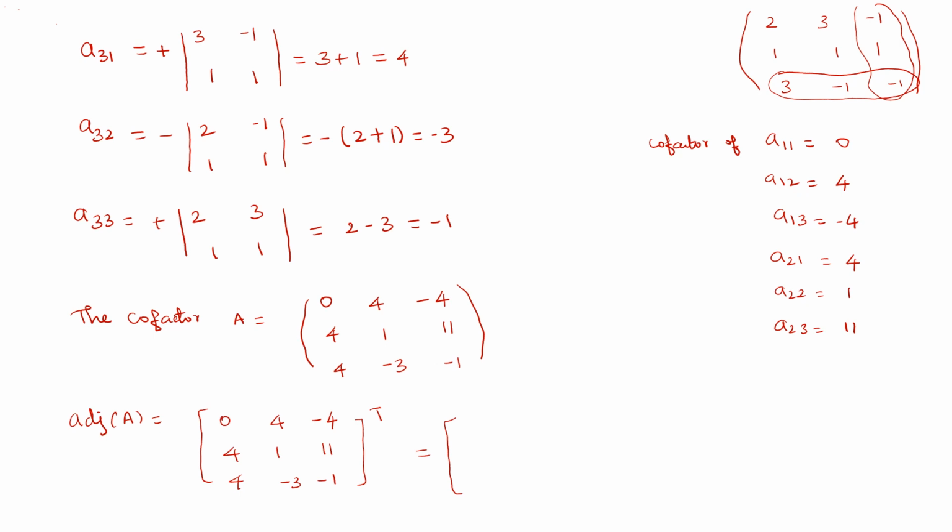The first column is replaced by the first row, and second column is replaced by the second, and third column is replaced by third row. So therefore we can write adjoint of A equal to 0, 4, 4, 4, 1, negative 3, negative 4, 11, negative 1.